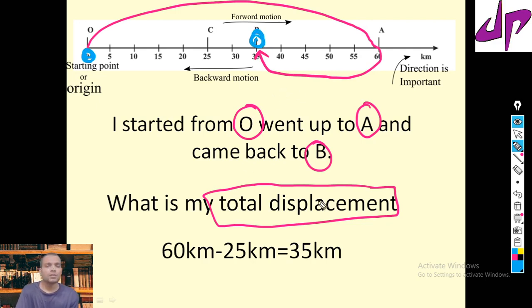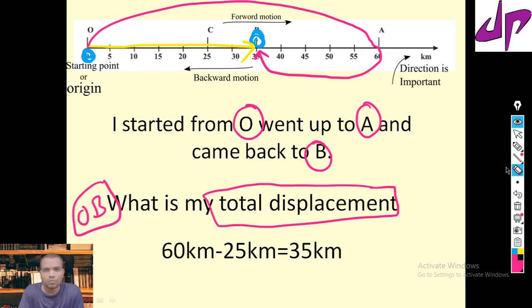According to the definition of displacement, it is the shortest distance between the initial and final point. Here the shortest distance between the initial and the final point is nothing but this straight line from O to B. So O to B is the displacement, because that is the shortest distance between the initial and final point.